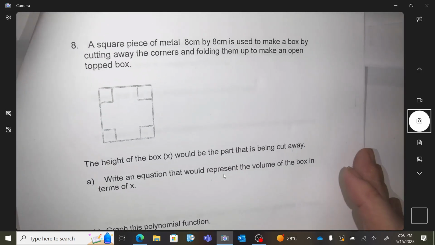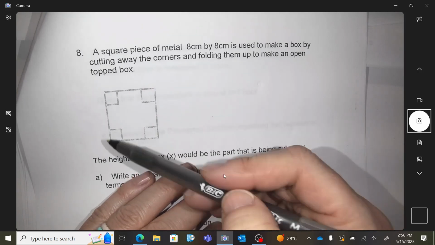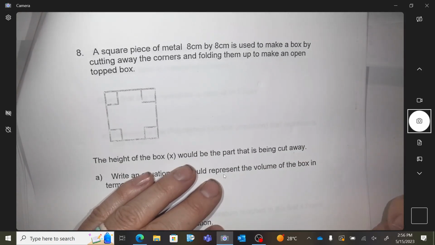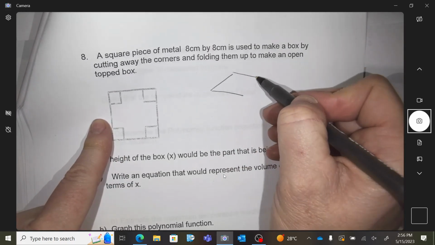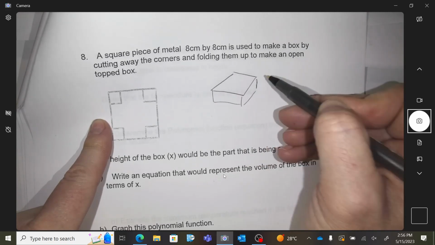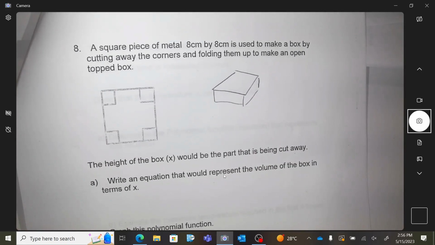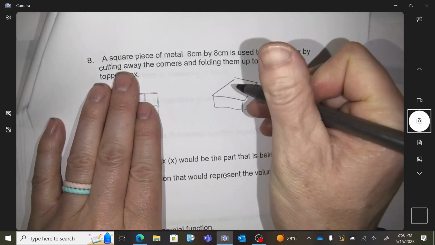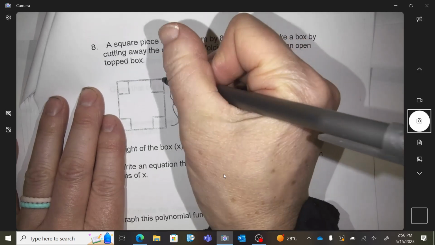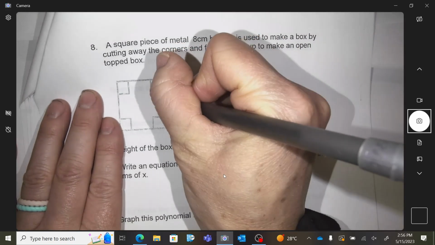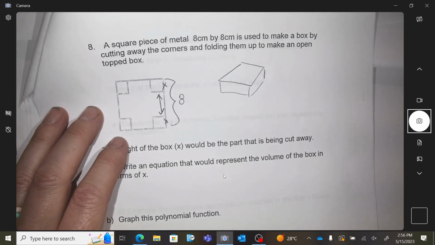Volume. Okay, today this paper is a square. So now I need to be able to draw a square box because I folded a square box. If this is 8 and I cut off x here and x here, what is left after the fold?